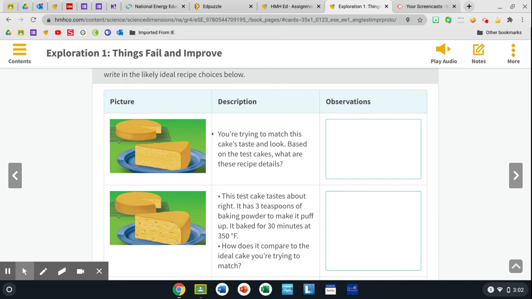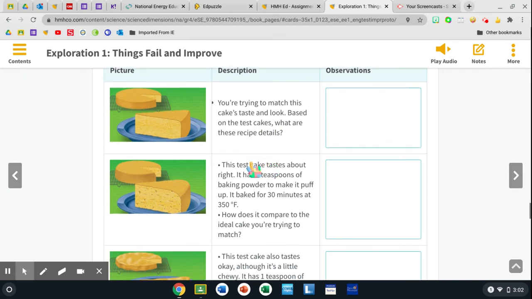Okay. So let's look. Let's go on down. This test cake tastes about right. So let's talk about this first one up here, okay? So looking at it, how can we describe it? It's medium height compared to the other ones.